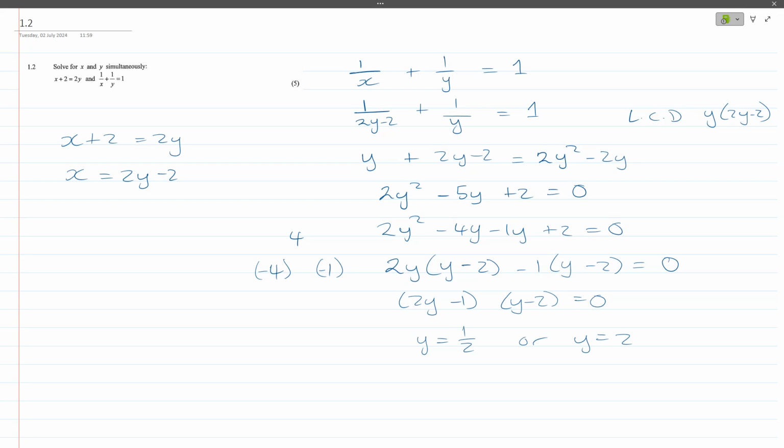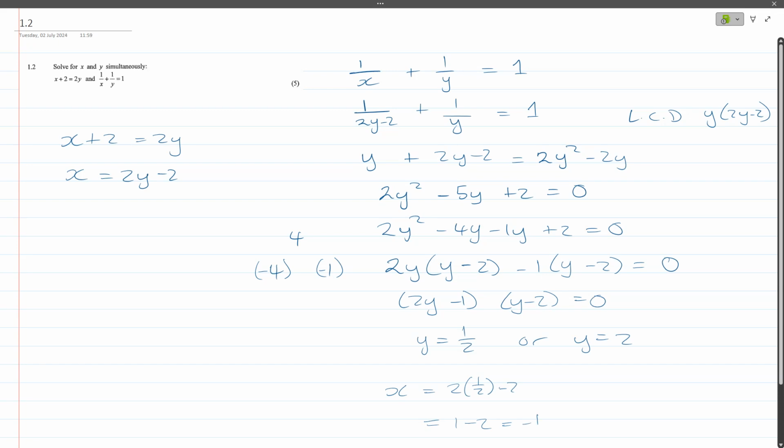To get our answers for x, we just use those values but substitute. So 2 times y, in this case, y is a half, minus 2, we get an x value of, if y is a half, here we get 1 minus 2, which leads us to minus 1.